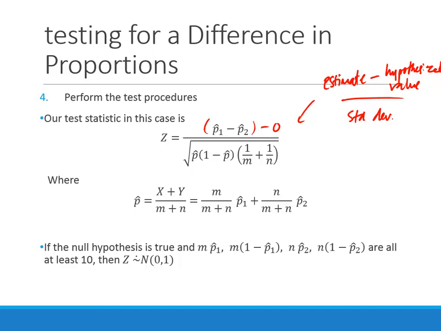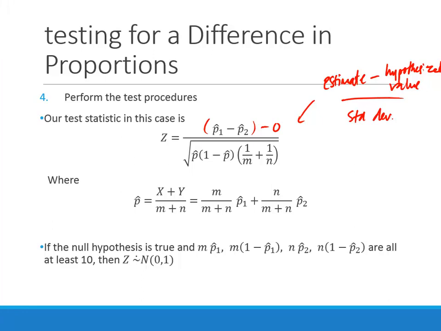So we have p hat 1 minus p hat 2. That's our estimate. We're subtracting off the hypothesized value for the difference in proportions, which is 0. And then we're dividing by a messy looking thing, where p hat here is listed at the bottom. It's not quite the variance that we calculated before for our difference in proportions.